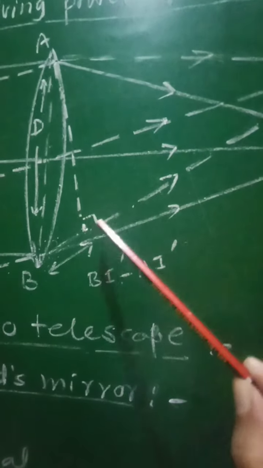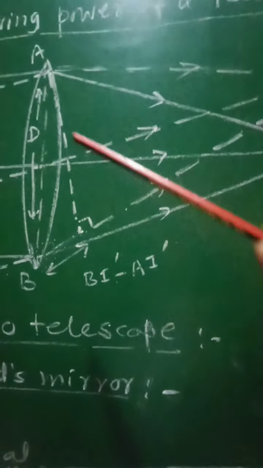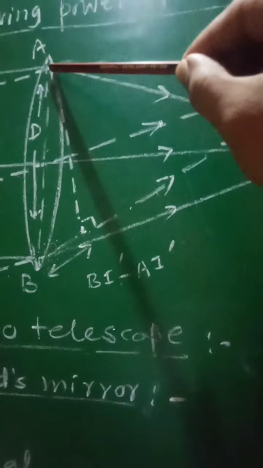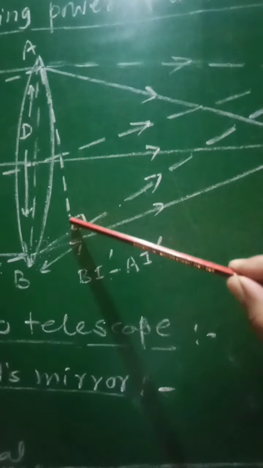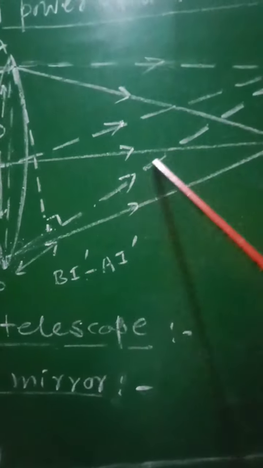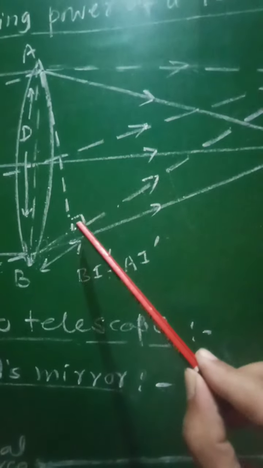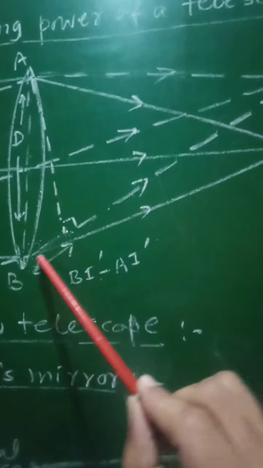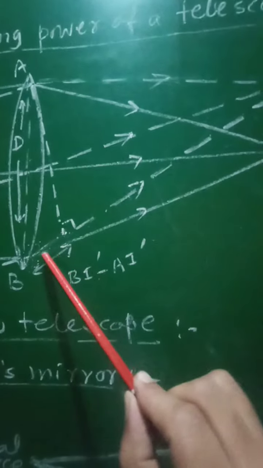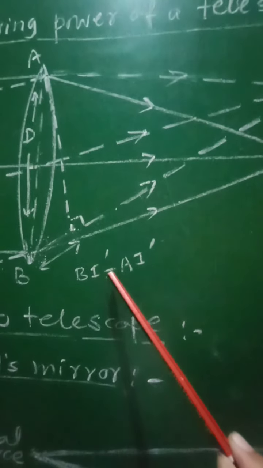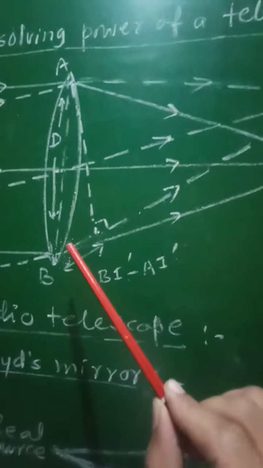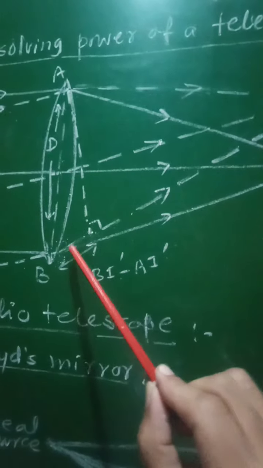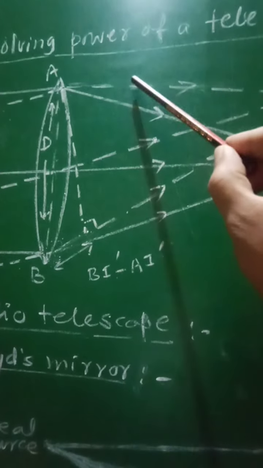Now by how much will it be greater? For that purpose, let us draw a perpendicular from point A on this Bi dash, so that this perpendicular will meet here, and therefore this distance will be the difference Bi dash minus Ai dash, which is nothing but the path difference between these two rays.